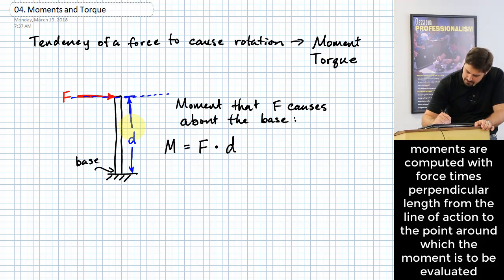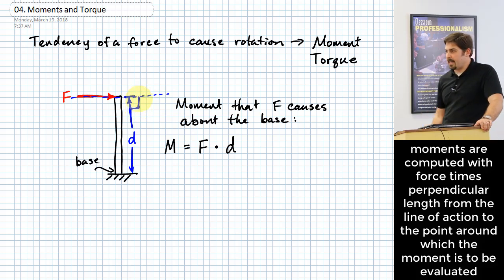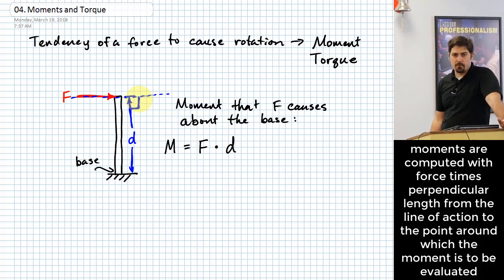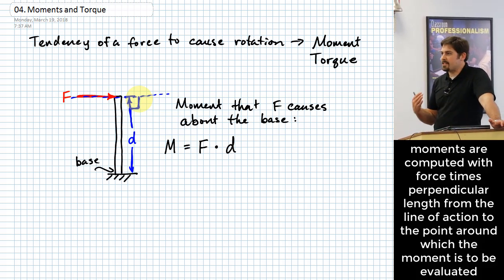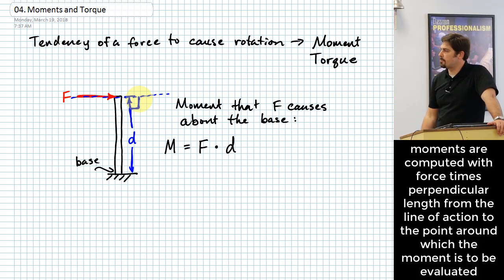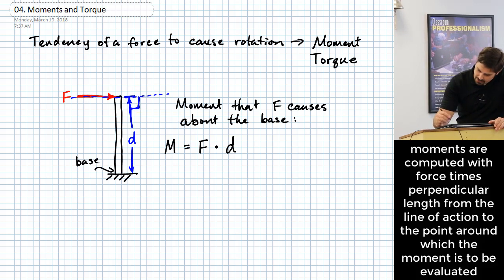In other words, this line where we're measuring that length or distance is perpendicular to the line of action of the force. And if you have that situation, then all you need to do to figure out the tendency to cause rotation is just take the force times the distance.